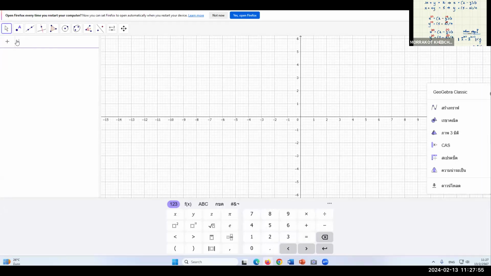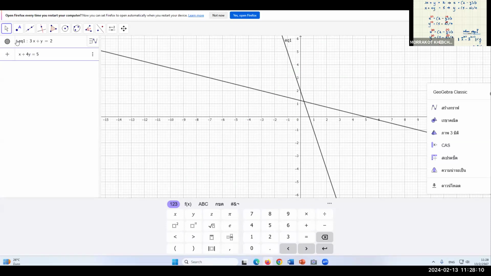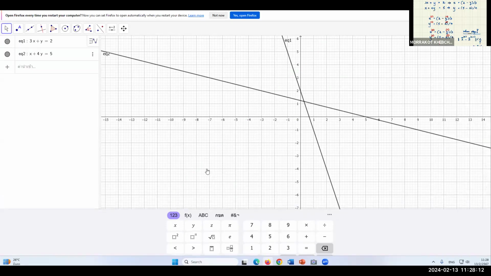I will find roughly the solution. Okay. So it's 3x plus y equal to 2. This is this graph. And the other one is x plus 4y equal to 5. So it cuts here.